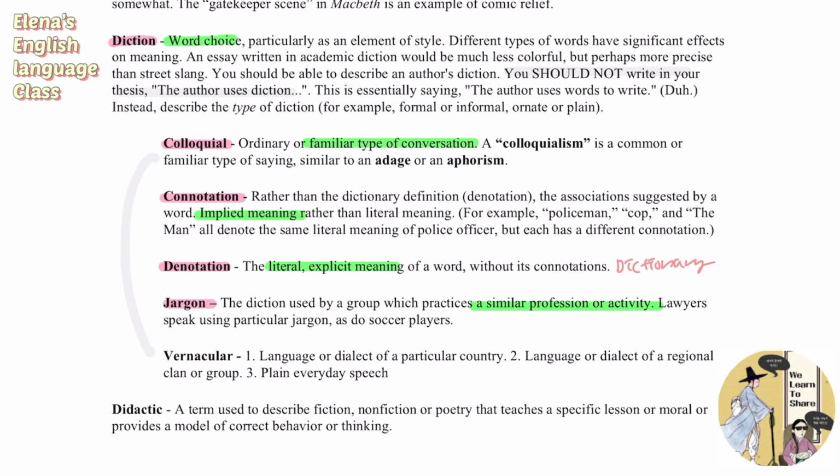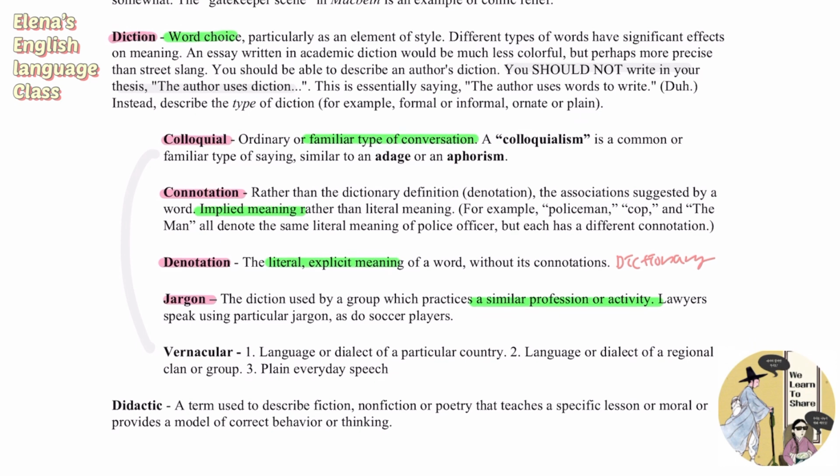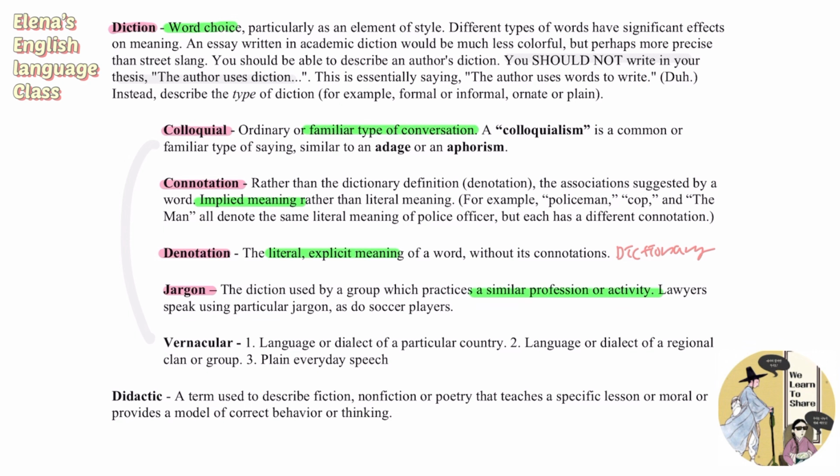Ordinary people who are not lawyers or soccer players would not understand the word if they don't know what it is, because it's a professional word that the lawyers use for their own, usually in a court. These are very professional and somewhat hard words that people cannot know the meaning of in ordinary life if they don't have any knowledge about law or the courts. So that is jargon.